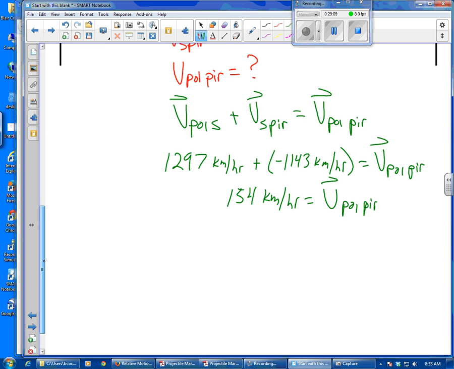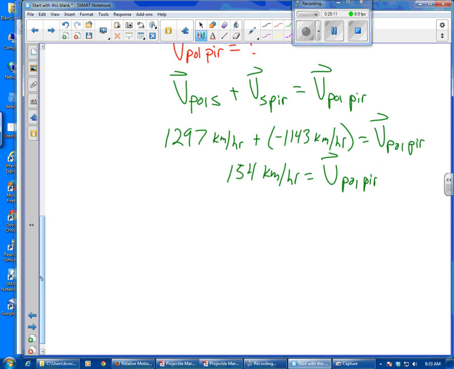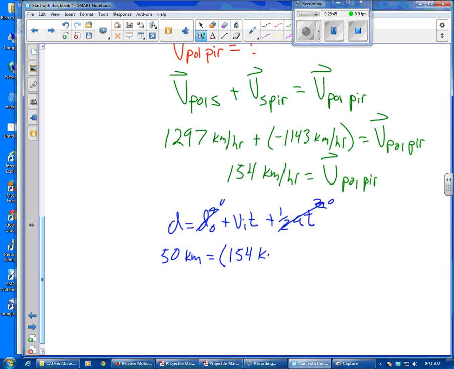So now I can look at, from the pirates' frame of reference, how fast the police are moving towards them, and they have to go that 50 kilometers. So D equals D naught plus V initial T plus 1/2 AT squared. No accelerations here. Say they start at 0, they have to go 50 kilometers at 154 kilometers an hour.